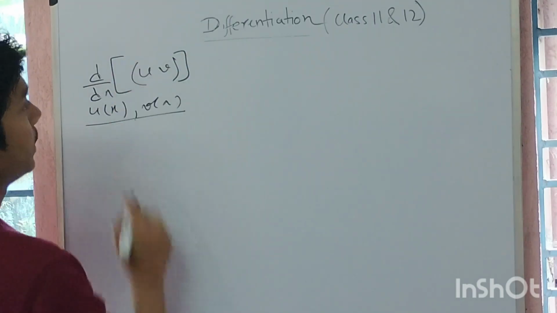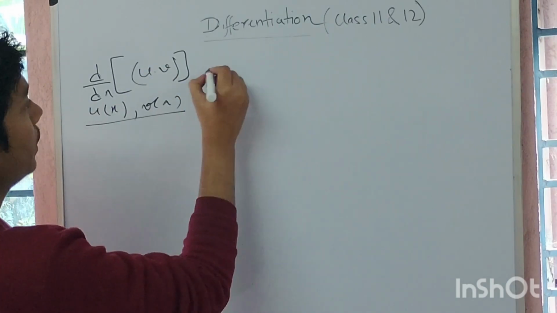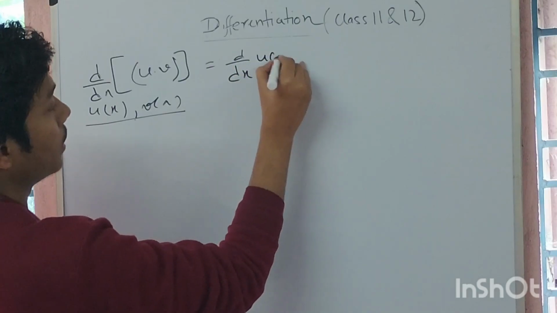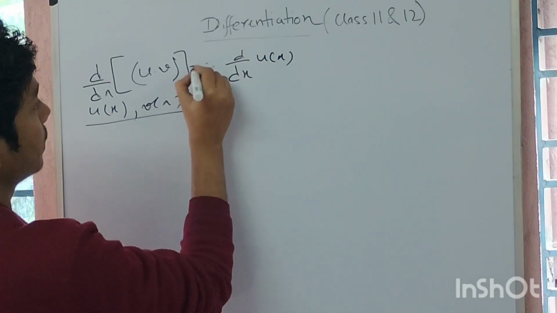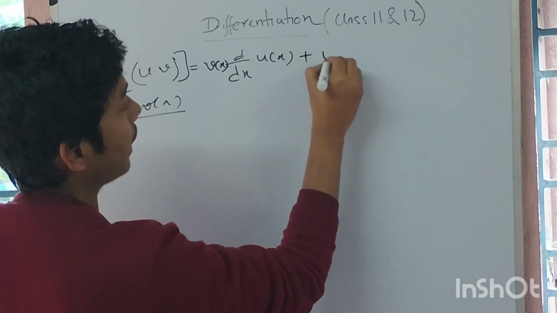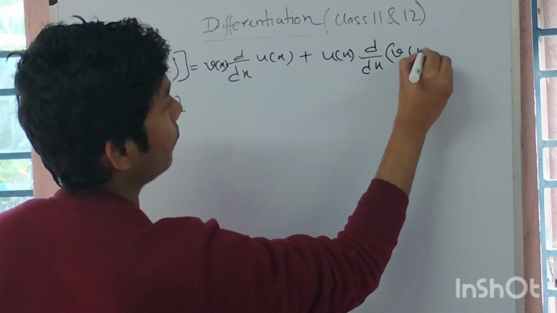It is basically the derivative of uv, a product of two functions. If two functions are in product, then its derivative will be d by dx of u(x), with v(x) kept fixed, plus, keeping u(x) fixed, d by dx of v(x).